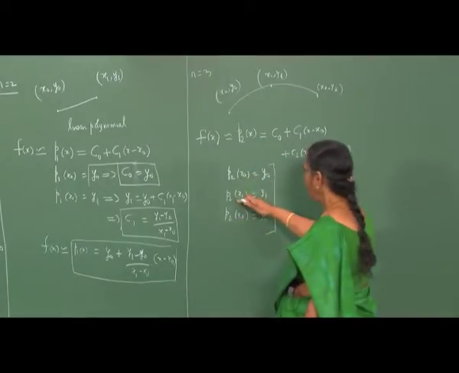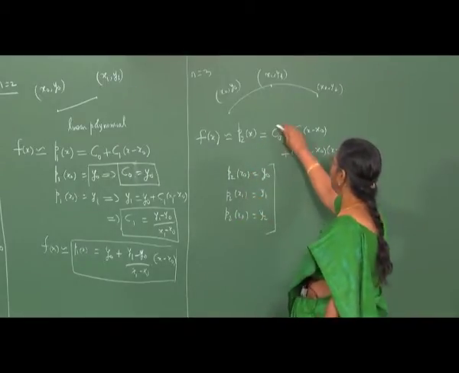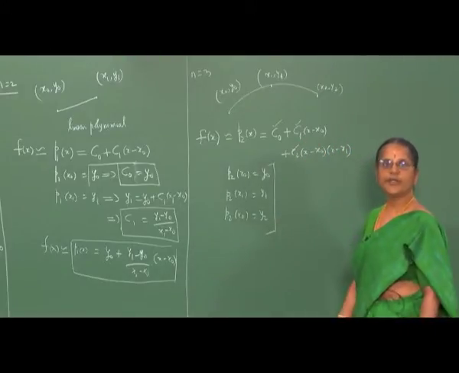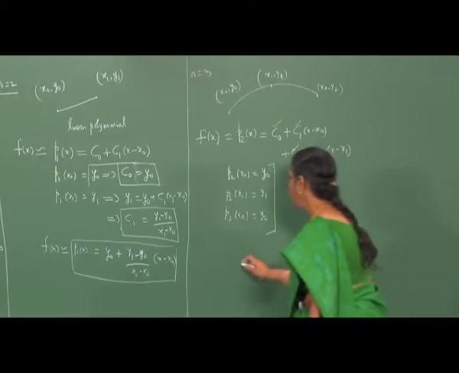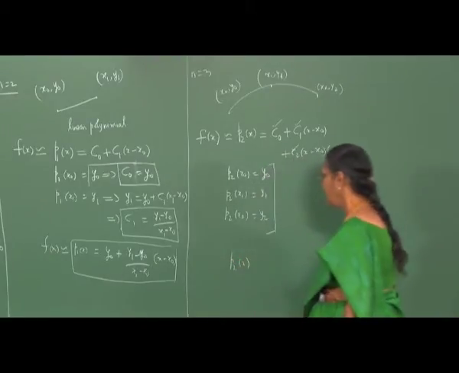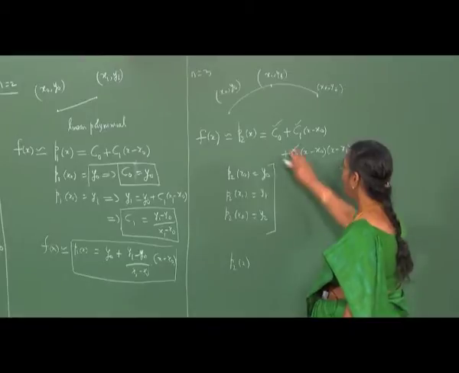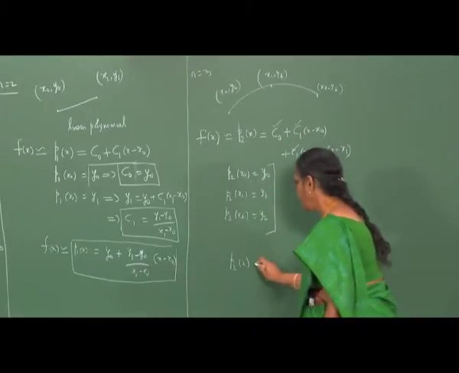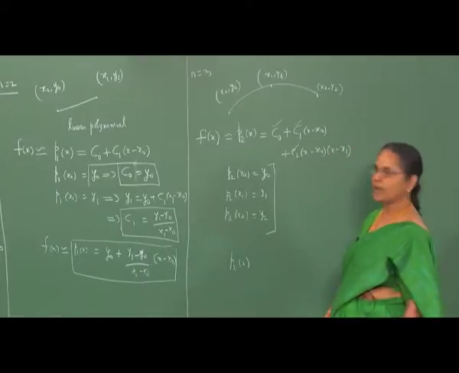So, there are 3 conditions to be satisfied and we have 3 constants c0, c1, c2 to be determined, and these 3 conditions will give us a polynomial which is p2 of x after determining c0, c1, c2 subject to these conditions, which is a second degree polynomial.